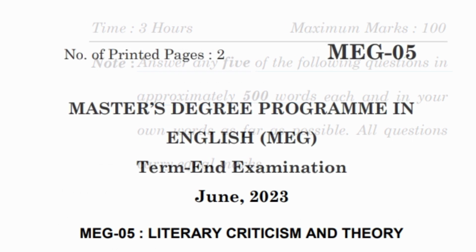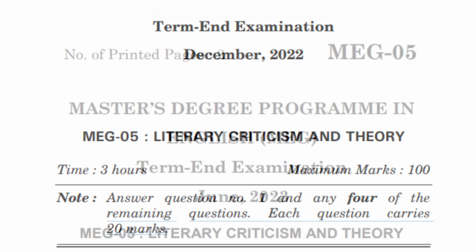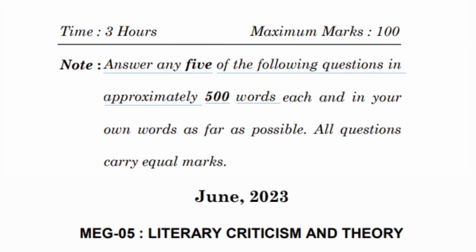But for the previous one, that is for the December 2022 TEE, they asked 8 questions in total and students were free to write any 4 provided they attempted question 1. That is 5 out of 8. 3 extra questions. So there used to be 8 questions in total in the past, but if we observe this particular question paper, June 2023 question paper, it's just 7 questions.